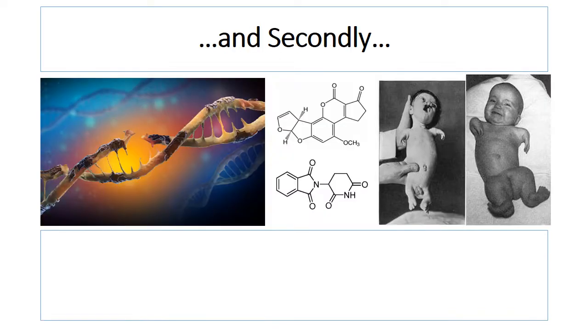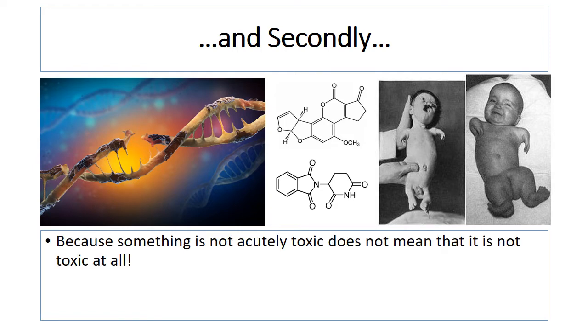Secondly, the moment you see this, I think most of you would think about thalidomide, isn't it? So the second thing that comes to mind is, just because something is not acutely toxic, it does not mean it's not toxic at all. You can give someone a herb or a compound, and there are no acute toxicological effects, which is fine.